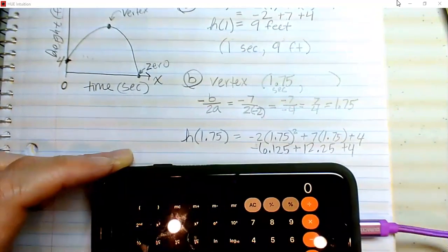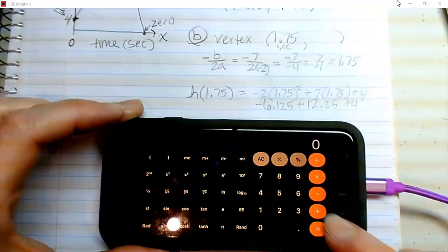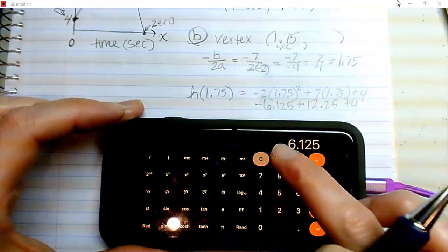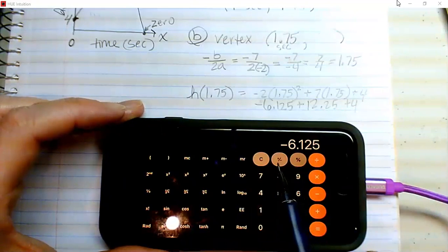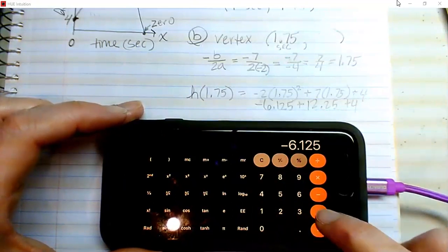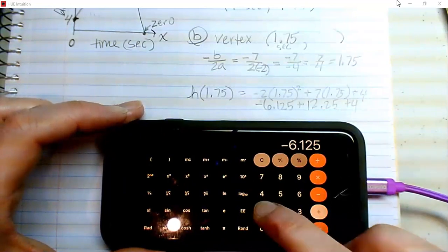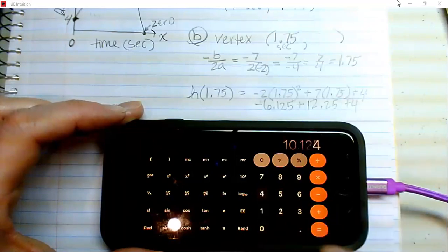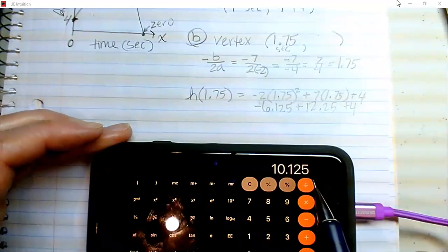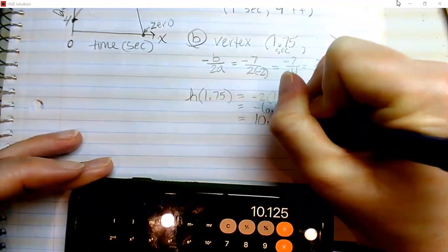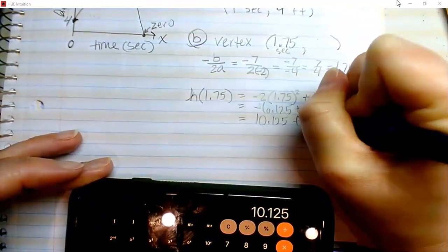Let me do a little bit more adding and subtracting here. Negative 6.125, if you have that plus/minus button, it'll change it to a negative sign for you, plus 12.25 plus 4 equals 10.125. That's our maximum height, 10.125 feet.